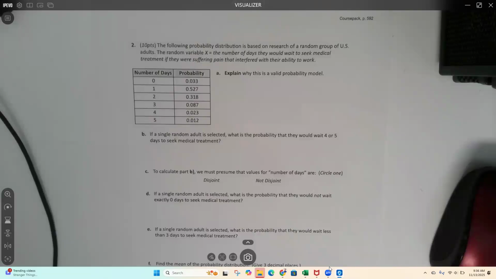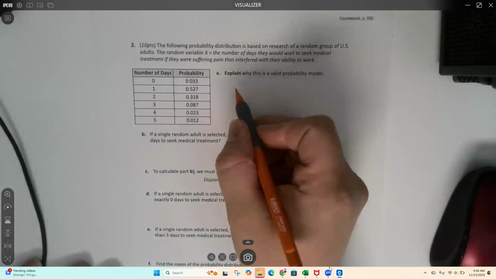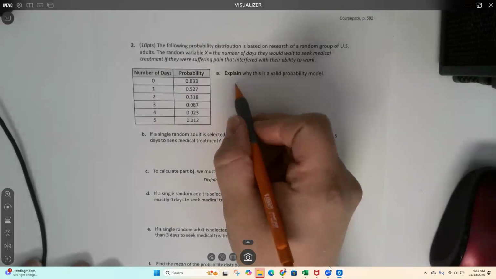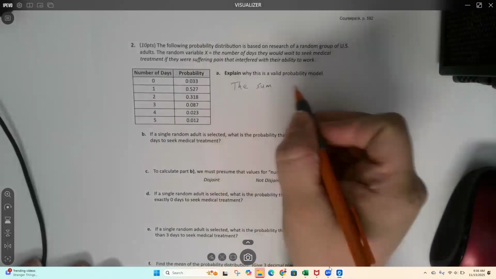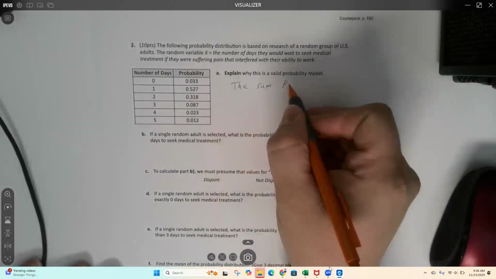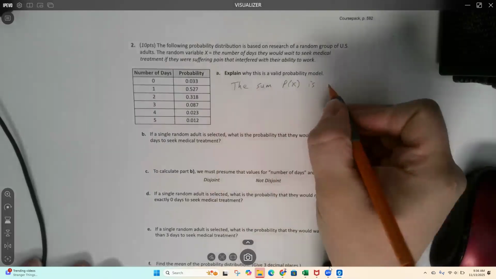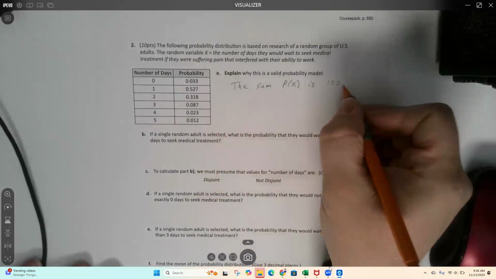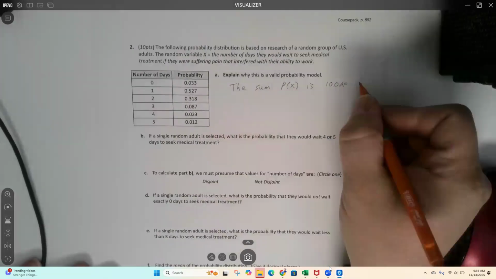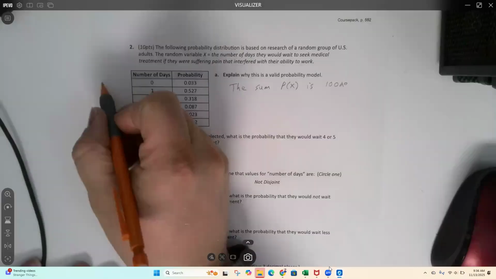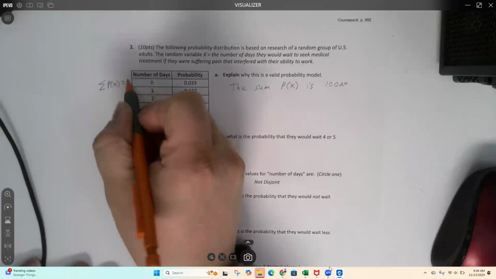So, there's two parts, right? First of all, the sum of all of the probabilities is 100%. Or you can write, if you want to write it in math, the sum of the P of X equals 1.